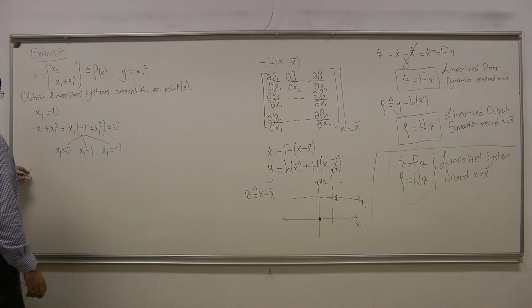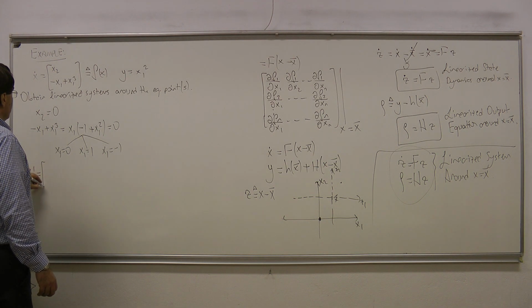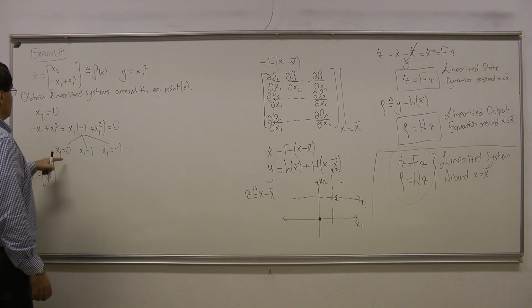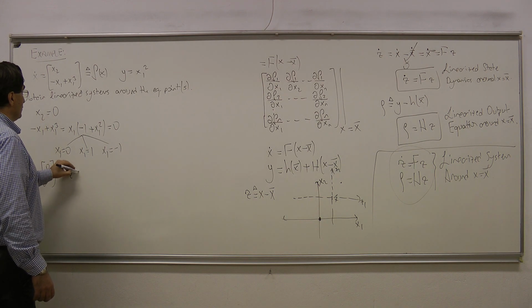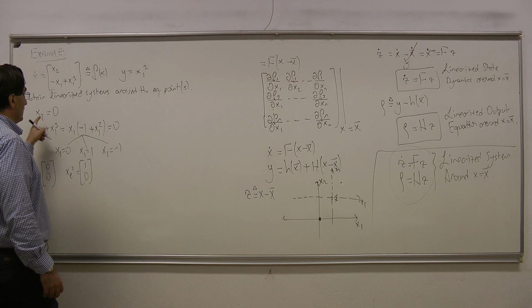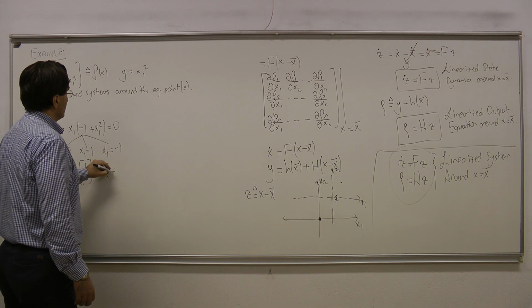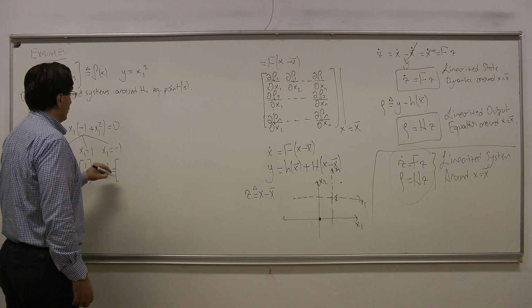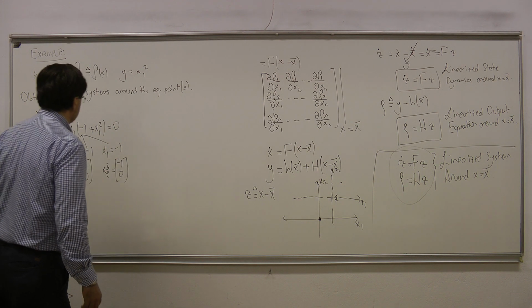And these equilibrium points are xe1 is the origin, xe2 is going to be the point 1, 0, x1 is 1, x2 is 0, and xe3 is going to be minus 1, 0.